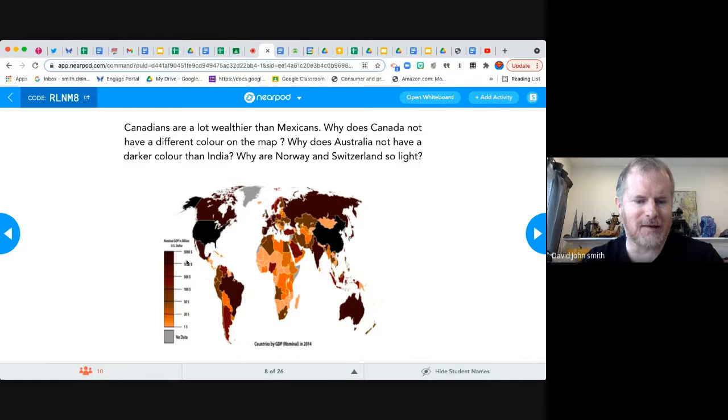The darker the color, they're suggesting, the bigger it is. The lighter the color means there's less income with regards to GDP. So the countries with the darkest color have the most GDP, and the lighter it goes, the smaller the amount of GDP generated by those countries.